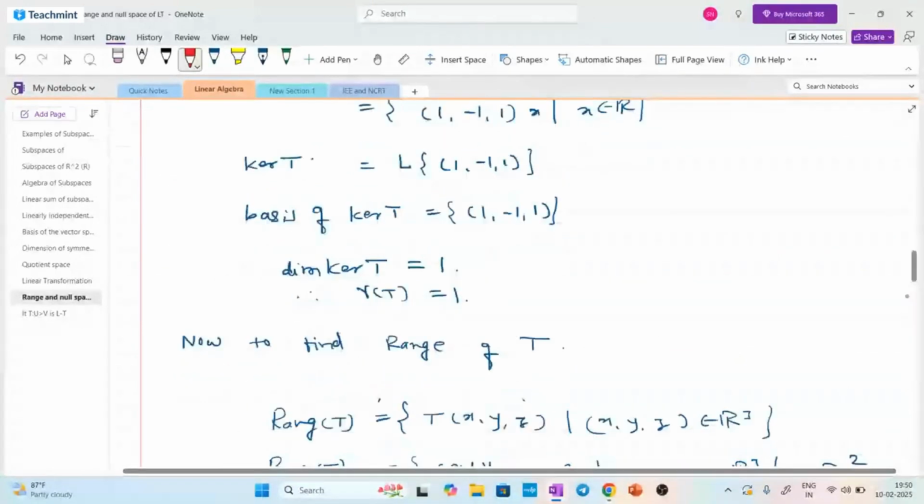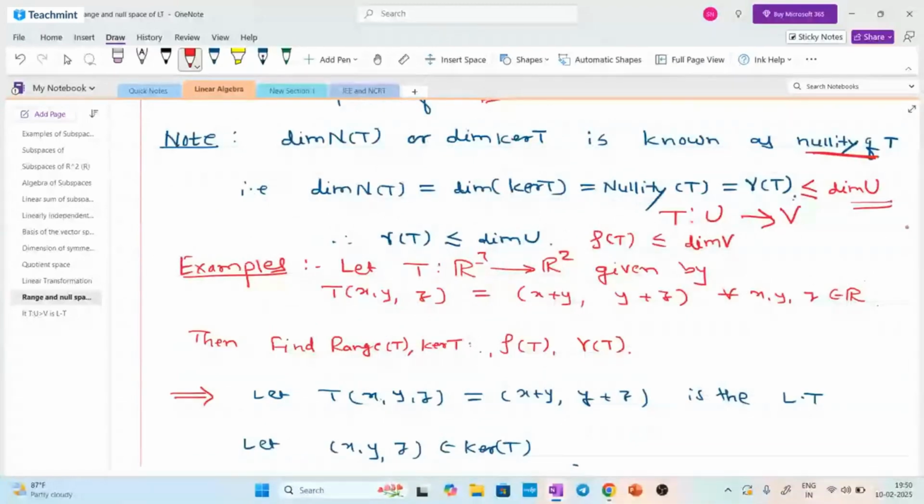Next, we discuss some examples. The first example: T is from R3 to R2, given by T of (x, y, z) equals (x plus y, y plus z) for all x, y, z belonging to R. They have given you one linear transformation from R3 to R2. The domain vector space is R3, the codomain vector space is R2.